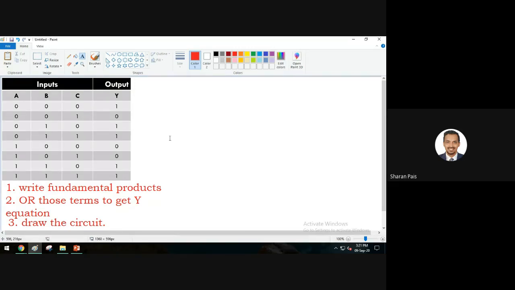Satvik Shetty. Yes, sir. Can you tell the fundamental product term for this one? So what is the fundamental product term for 011?